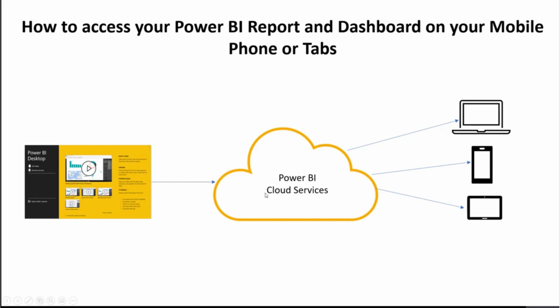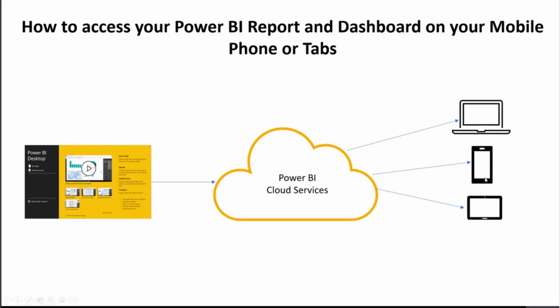Once it is published on the Power BI Cloud, using our laptop or desktop machine and an internet browser, we start accessing our report. Similarly, we can also access our report on a mobile phone or tablet, on an Android phone and iPhone as well.